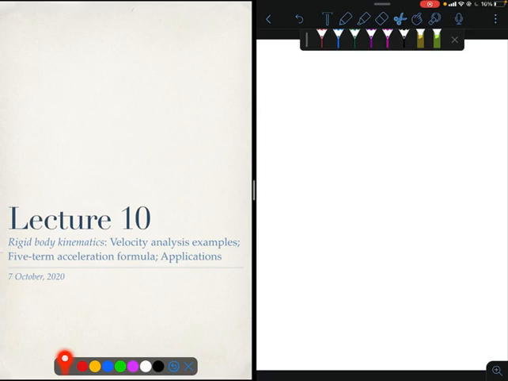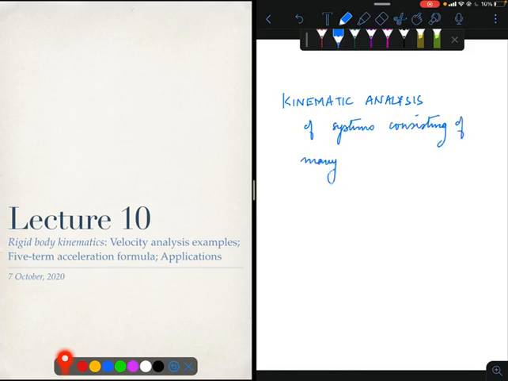So a quick note as to where we are headed. What we are trying to develop is kinematic analysis of systems consisting of many connected rigid bodies. Kinematics consists of velocity, acceleration, angular velocity and angular acceleration of the rigid bodies. It has two steps fundamentally.